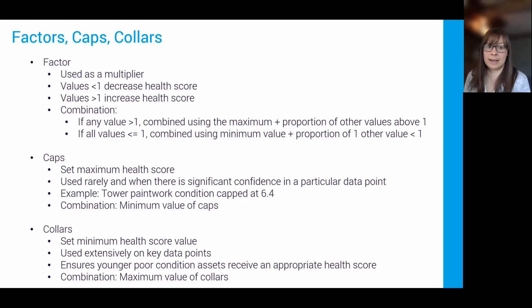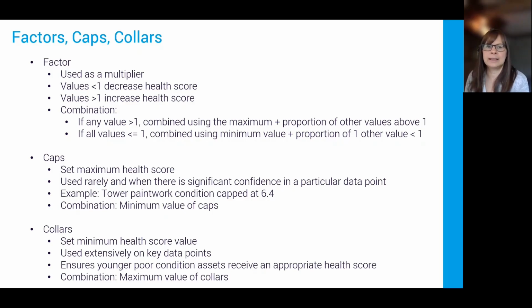Collars are used quite extensively. So these do the opposite of caps, so they set the minimum health score values. They ensure that, because when we start with an initial health score and we have these multipliers, if you have a very low health score, like we saw in those young assets, your multipliers would have to get really high before your health score was elevated to a point of 7 or 8 where they'd be on the radar for you doing something about them.